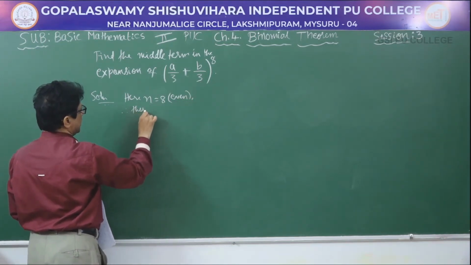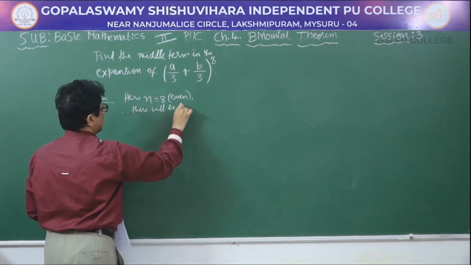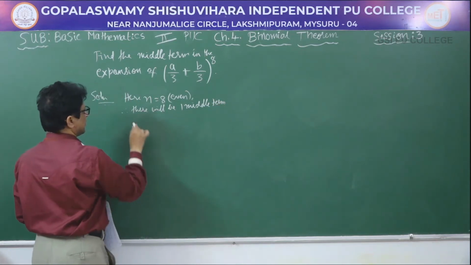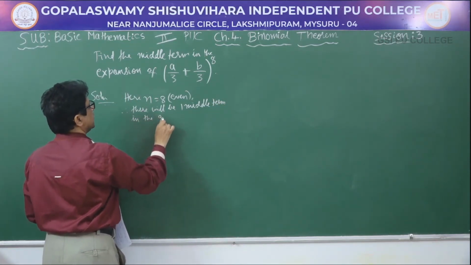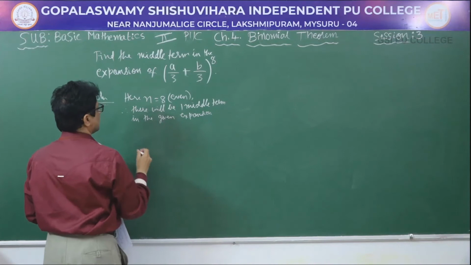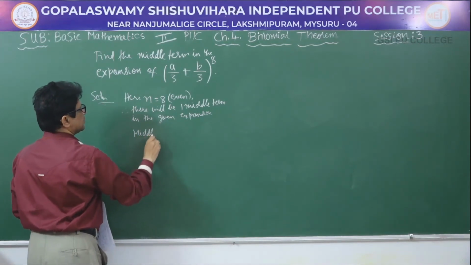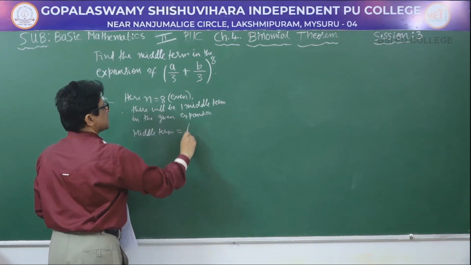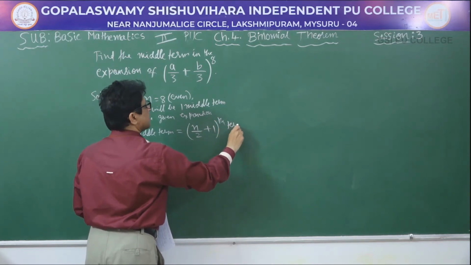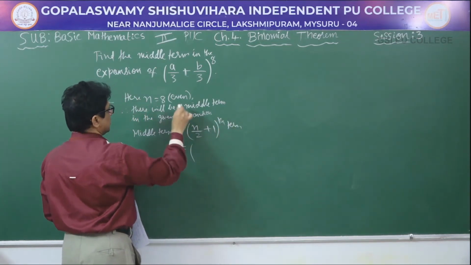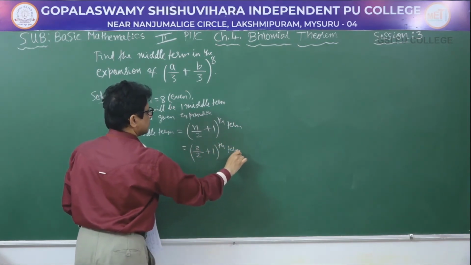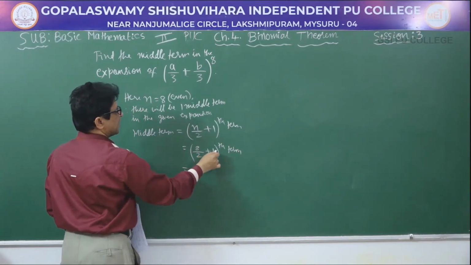Therefore, there will be one middle term in the given expansion. So, middle term equals (n/2 + 1)th term. So, here n equals 8, 8/2 plus 1th term. So, 8/2 is 4, 4 plus 1 is 5.